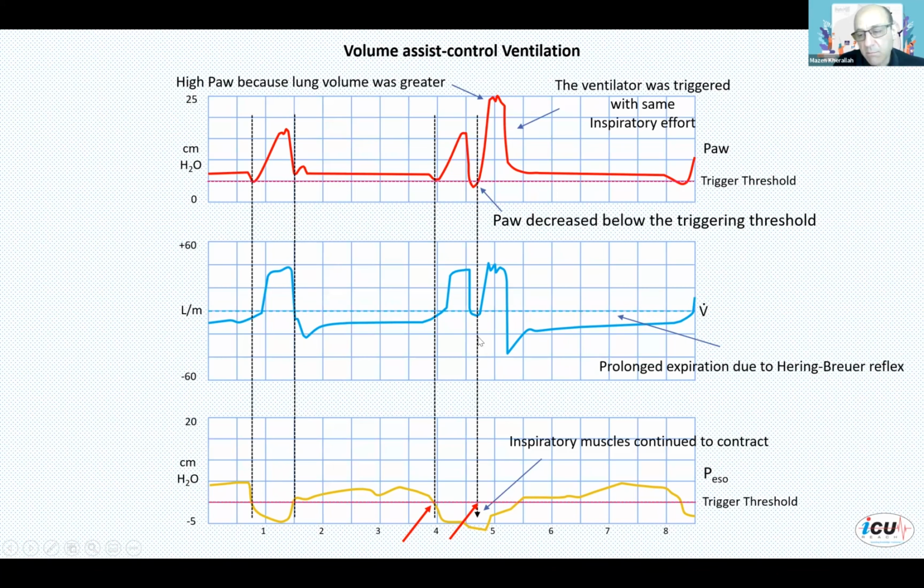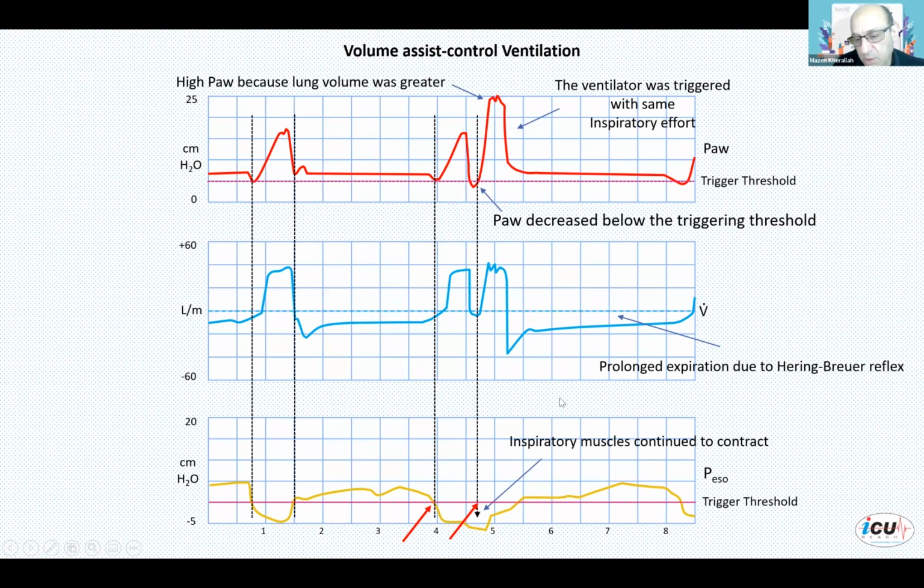If you go back to physiology, there's something called the Hering-Breuer reflex. Once you have a large tidal volume inside the chest, it will stimulate that reflex to cause a prolonged expiration. And this is actually needed to empty the lungs. If the second breath came back here, you would have triple triggering of the ventilator, and you don't want that.